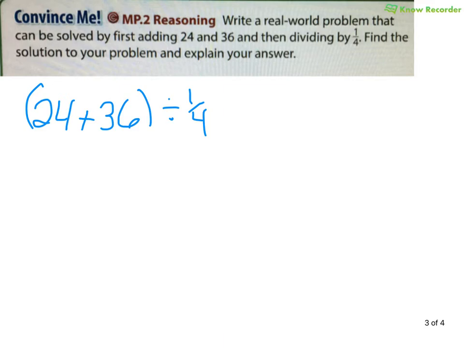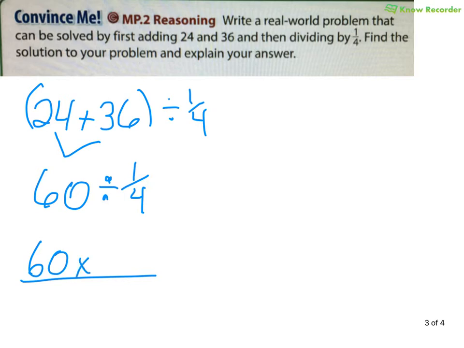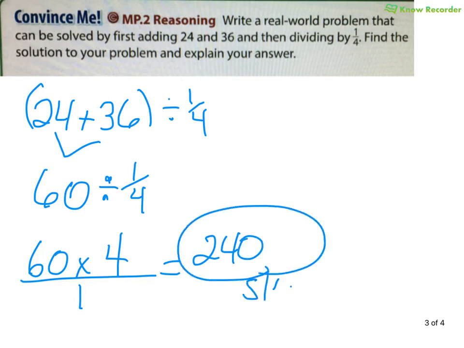So, first step would be to add 24 and 36. You get 60. And then I'm dividing each of those 60 pies into quarters. And that should tell me how many slices I get. So I take my 60, I take the inverse operation, and I take the reciprocal of 1/4, which is 4/1, because if I cut a pie into fourths, I'm going to get 4 slices. 60 times 4, 240 slices.